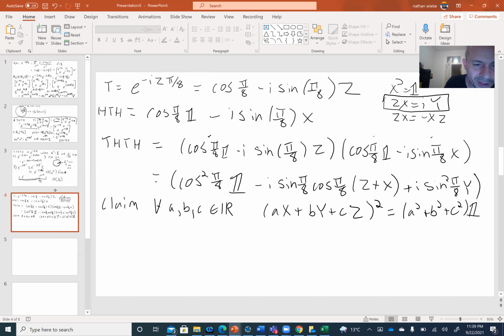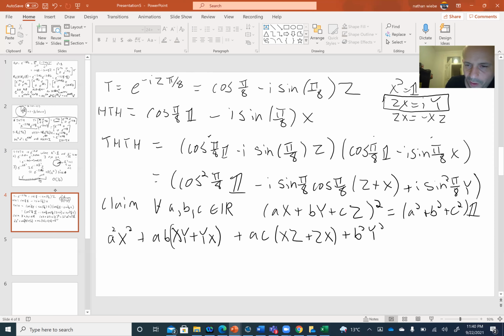We end up getting a squared X squared plus ab (XY plus YX) plus ac (XZ plus ZX) plus b squared Y squared plus bc (YZ plus ZY), and so on and so forth.